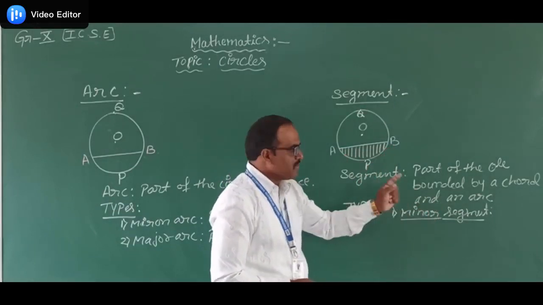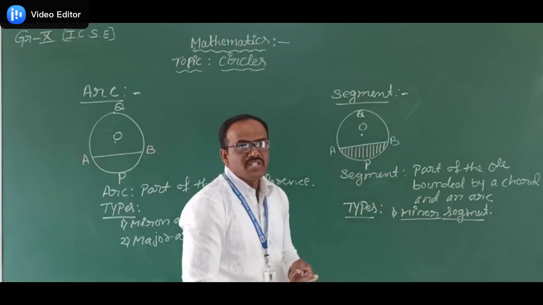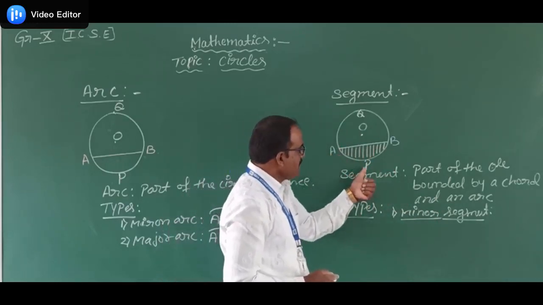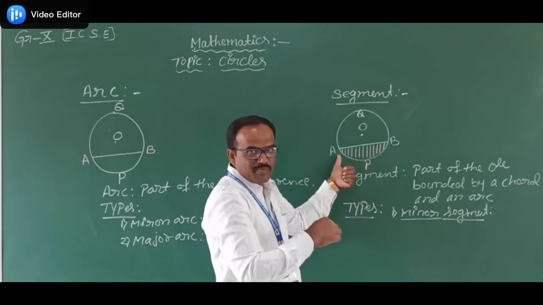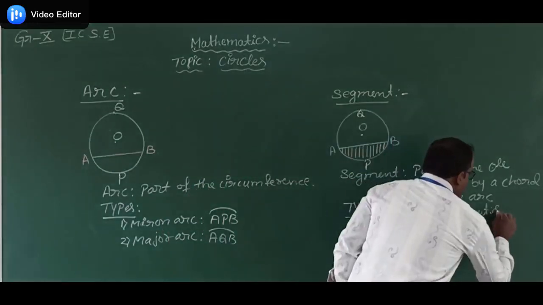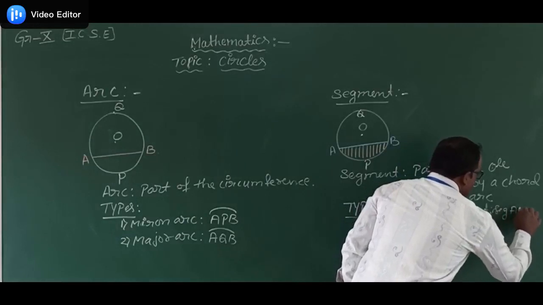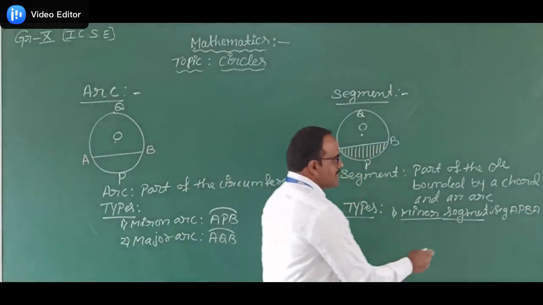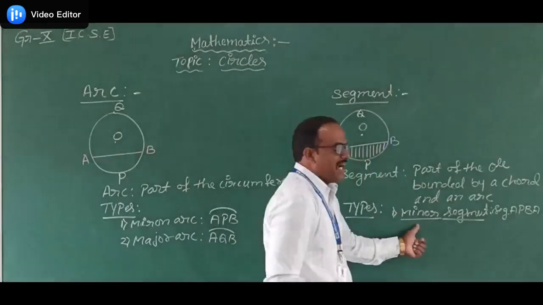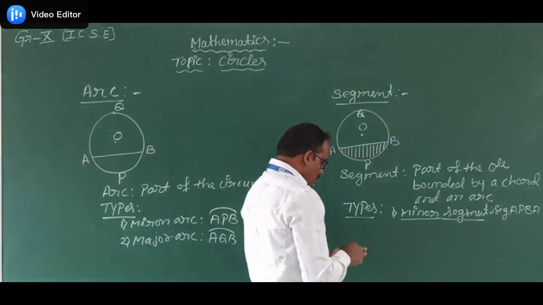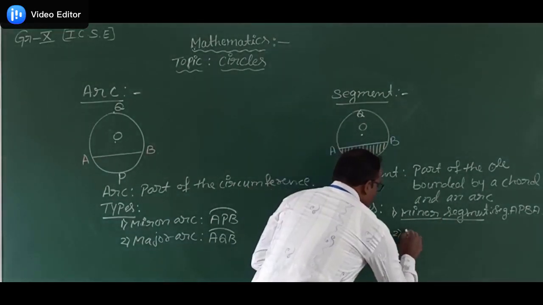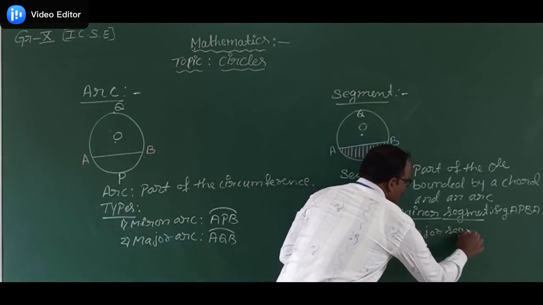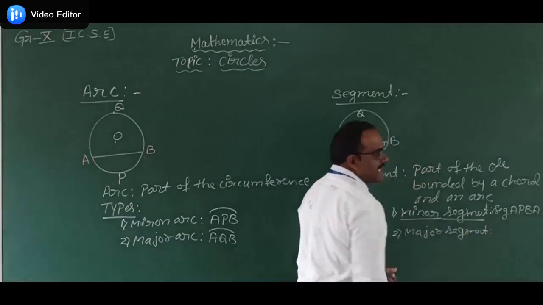Am I clear, children? Now, whenever you are going to write a segment, we have to start with A and end with the same letter, the same spot. Therefore, segment APBA is the smaller segment or the minor segment. Now, move on to the next one, major segment. What is the major segment?